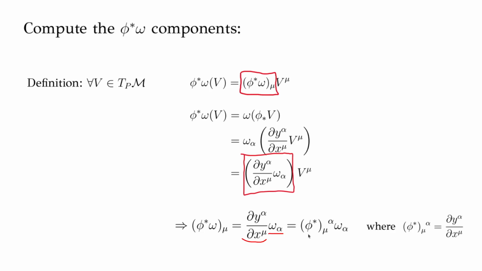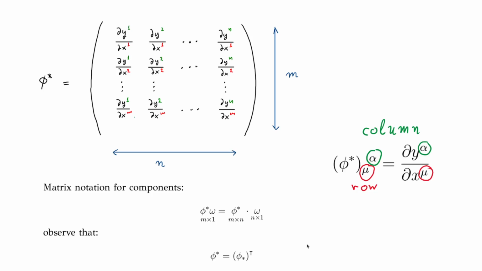This is again a linear operation which we now represent by this matrix here. Notice that star here is a superscript and the index mu comes before alpha. So, if we want to see this as a matrix operation, we have to construct a matrix that is now the transpose of what we had before.